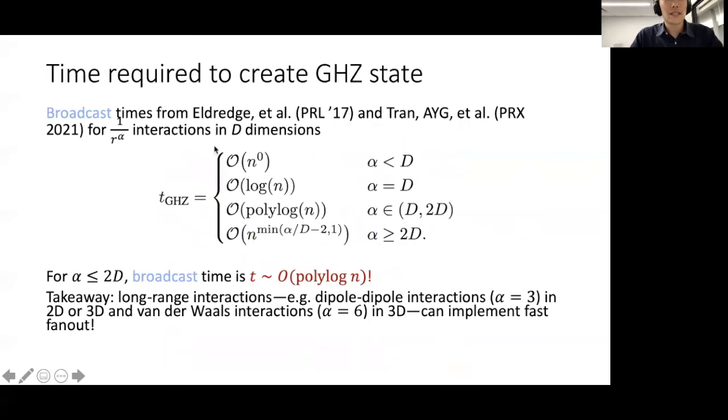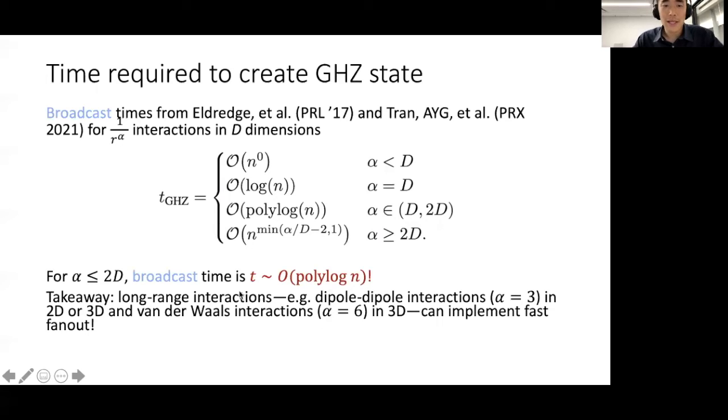Now the time it takes to create this GHZ state can be shown to scale as follows. There's some scaling of this time that depends on the power of these interactions relative to the dimension of your lattice. In particular, one can observe that all interactions with alpha below 2D scale sublinearly in the system size, so polylog n for alpha between D and 2D.